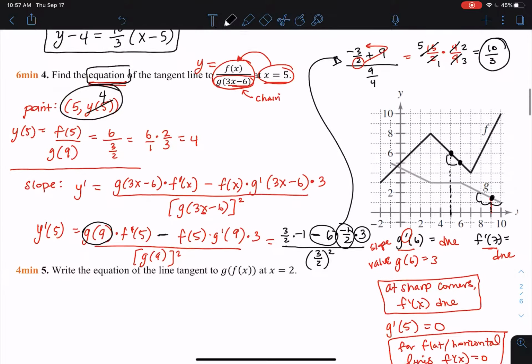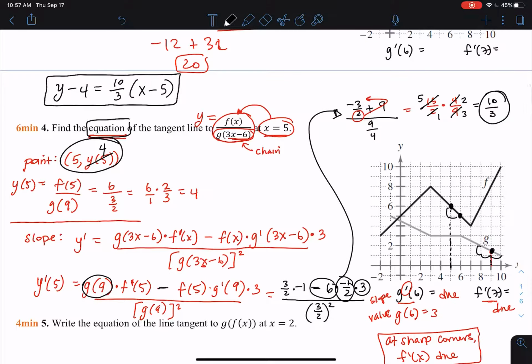Let's try a similar problem. Let me just recap what we did. It said find the equation of the line, so I immediately knew I needed to find the point and the slope. And then it gave this expression without a left-hand side, so I gave it a left-hand side, y equals. And so when I went to find the slope, I knew I needed to use the quotient rule because I have a function divided by a function.